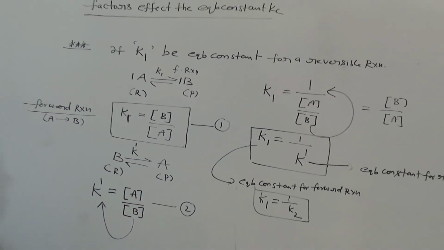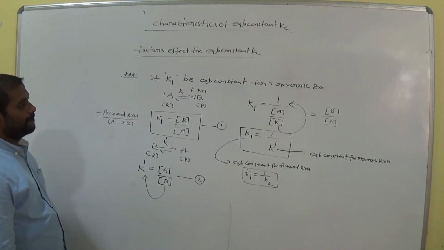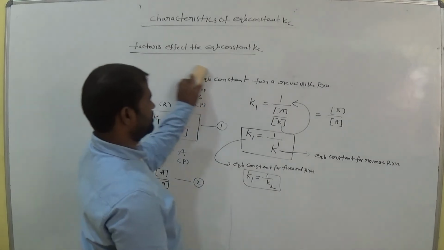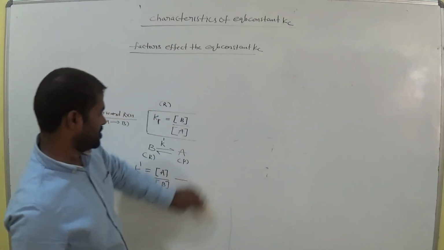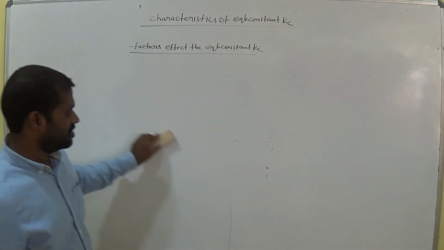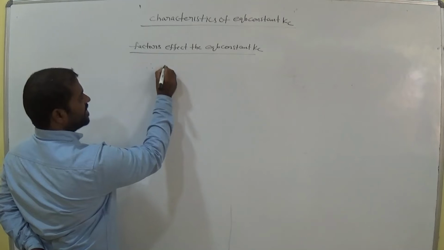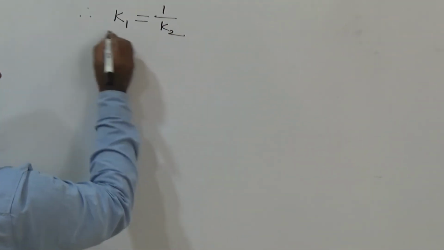Is it clear for all? So therefore we have a relation K1 is equals to 1 by K2.